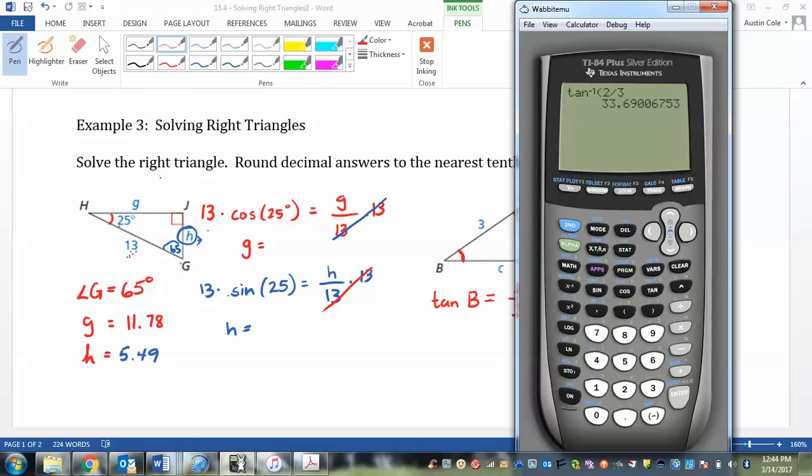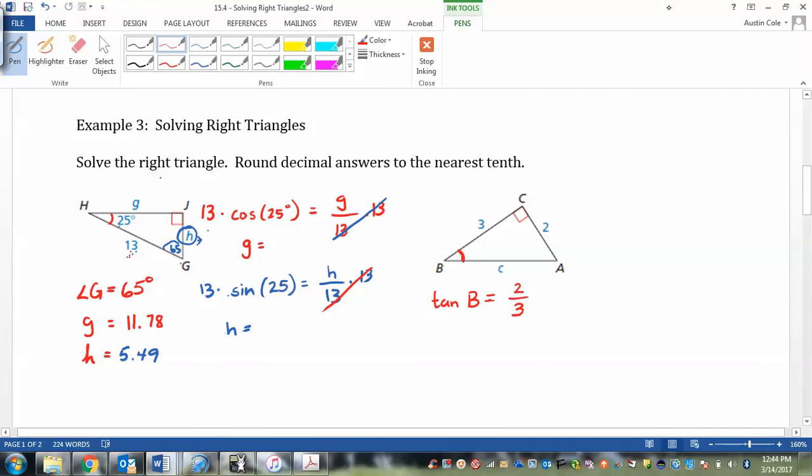When you're trying to find the angle, second tangent. So B equals 33.69. Then we can find angle A, can't we, guys? Yeah.